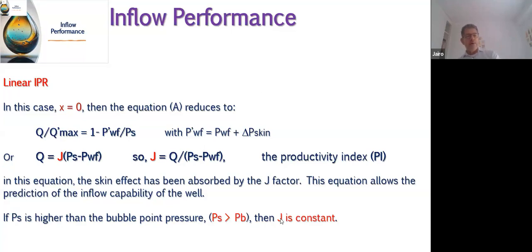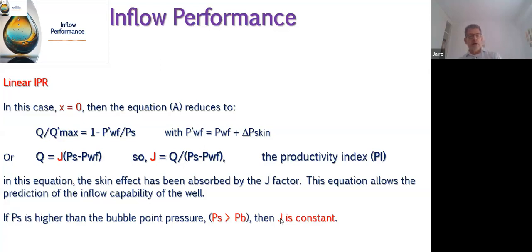And then Q is equal to J, which is the productivity index, times the differential pressure between the reservoir and the wellbore.